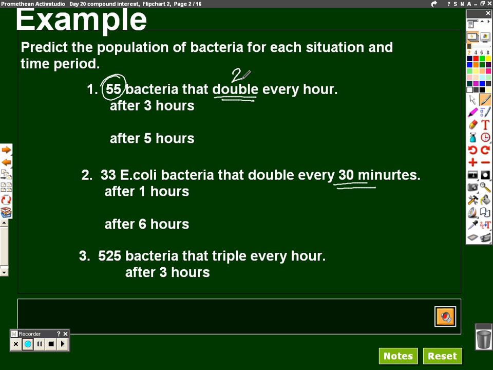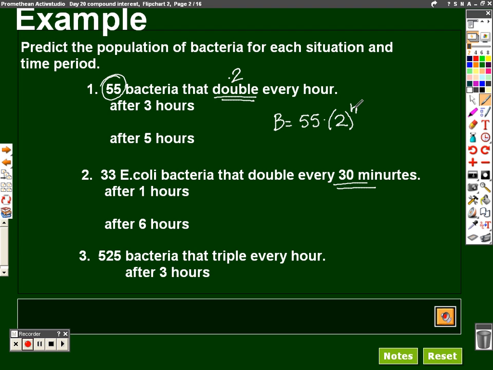This tells me the rate. My rate is times 2 to the power of something, and every hour. So my equation would be the number of bacteria equals the initial amount times 2 to the power of h. Why am I using h? Yes, because every hour. So h represents the number of hours.